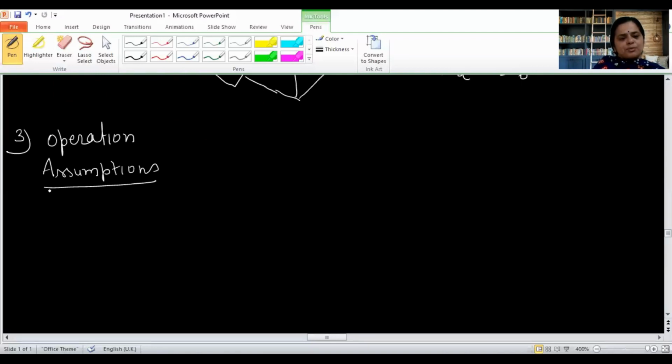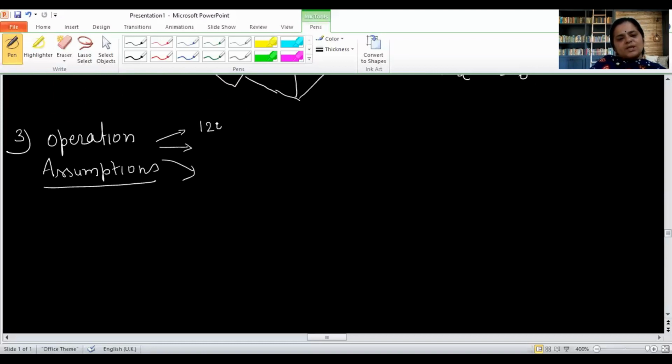So we are supposed to operate these SCRs in a proper sequence so that across the load we will get a three-phase AC supply. As far as its operation is concerned, we can show its operation in 3 modes.